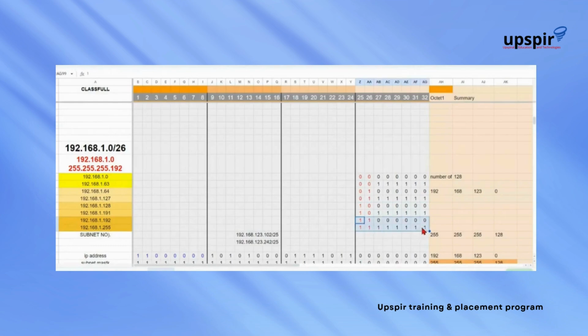So the fundamental concept is very simple: to understand subnetting better, quickly write your IP address in decimal and binary representation.